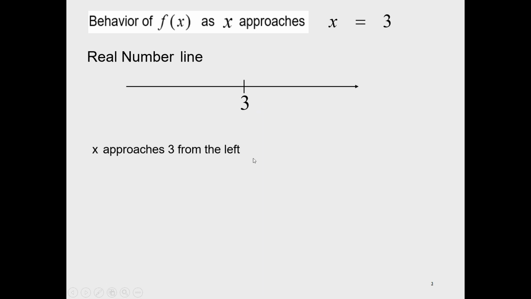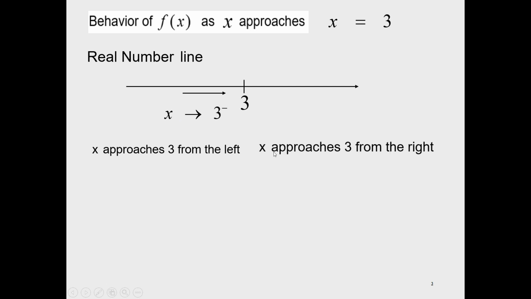So x approaches 3 from the left. This is how we denote x approaches 3 from the left: we put a negative sign here, so x approaches 3 with a power of minus. This minus indicates it's approaching from the left hand side.